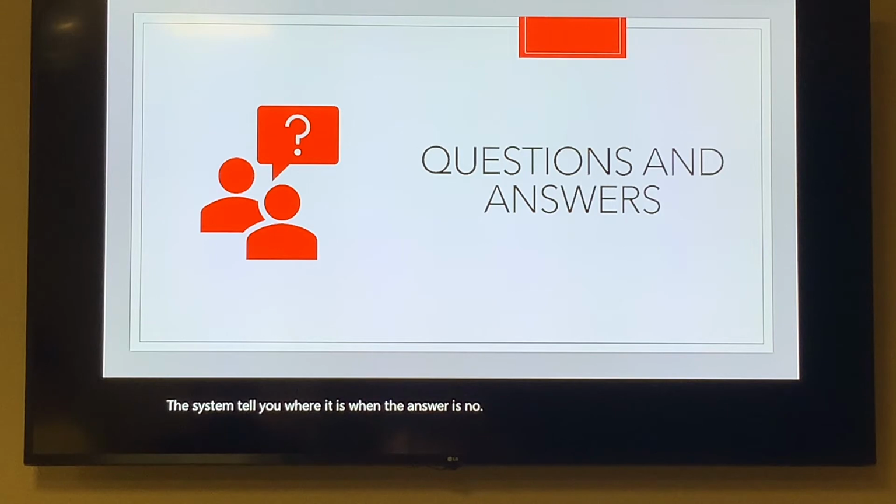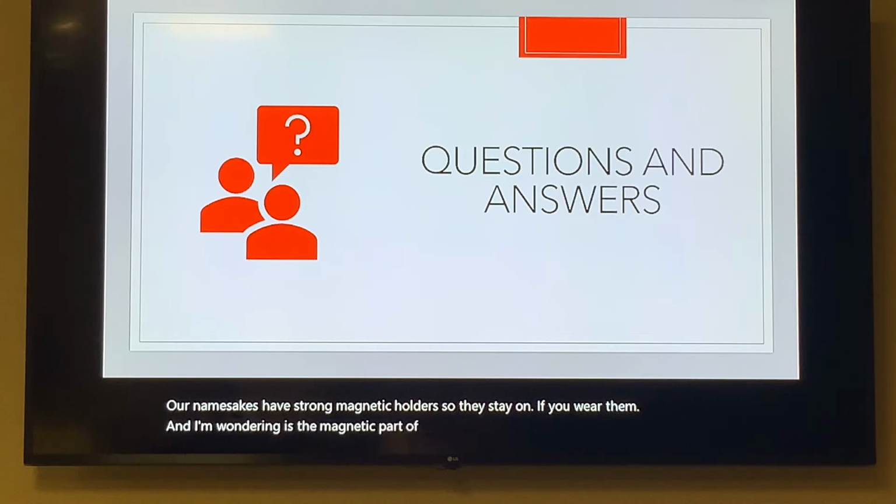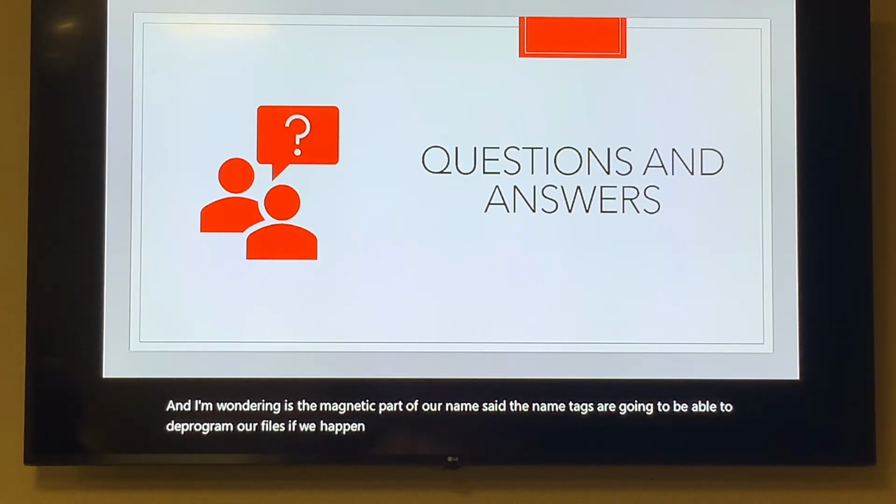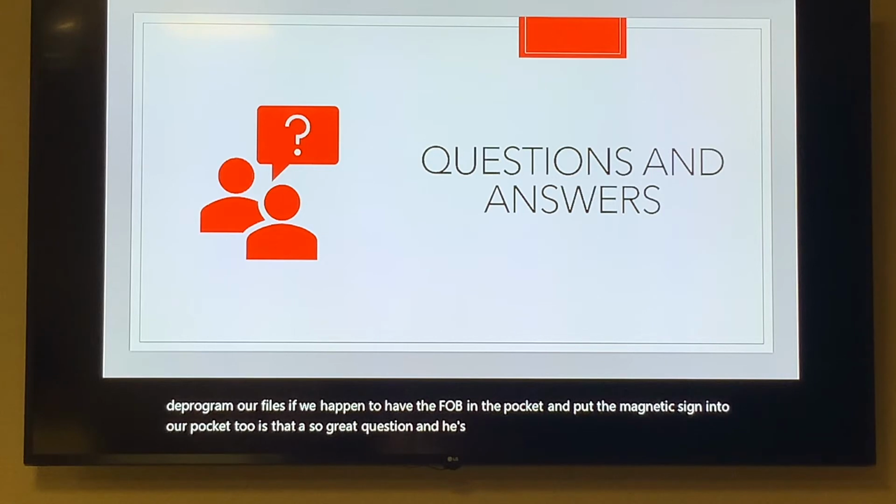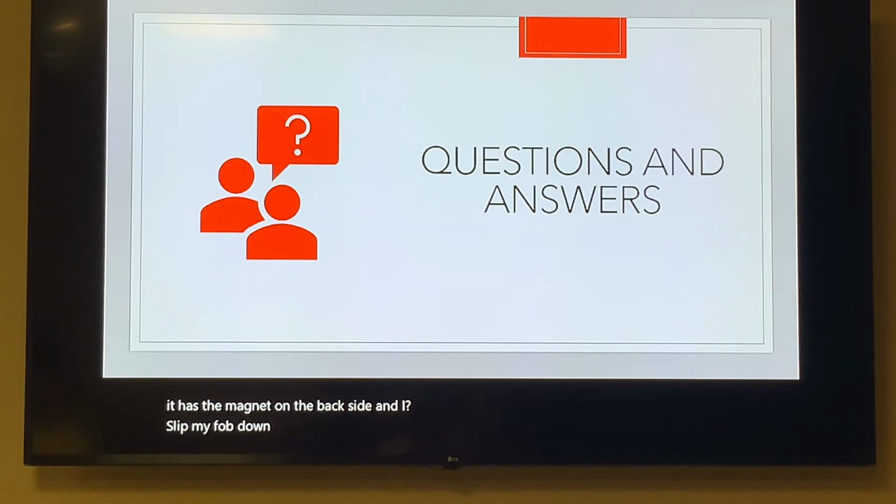One question. Our name tags have strong magnetic holders, so they stay on if you wear them. Is the magnetic part of our name tags going to be able to deprogram our fobs if we happen to have the fob in the pocket and put the magnetic sign into our pocket too? Great question. He's asking if I have my name badge on with the magnet on the backside, and I slip my fob down into my shirt pocket, is it going to demagnetize it?